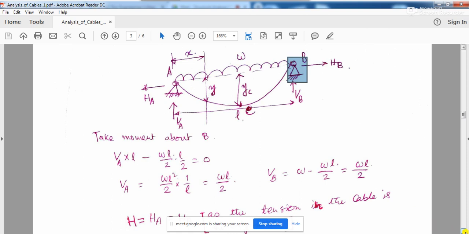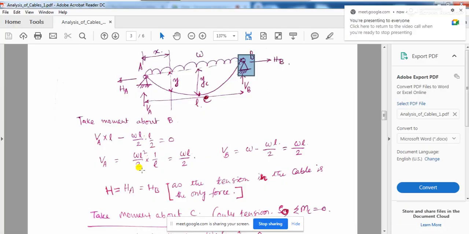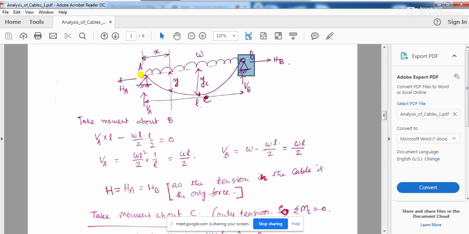Okay, now you see, what will be the horizontal reaction? Just now we have discussed that the horizontal reaction, be it a frictionless pulley, or be it a saddle on top of a roller, whatever the case may be, the horizontal reaction, that is H1, H2, or HA, HB, whatever you say, the horizontal component of the tensile forces will be equal.